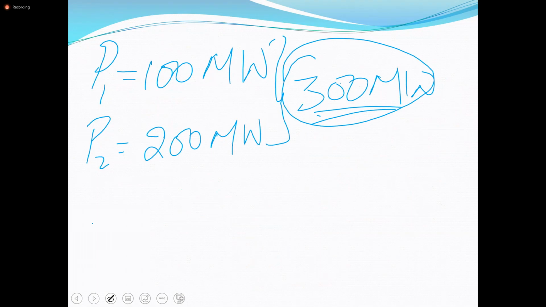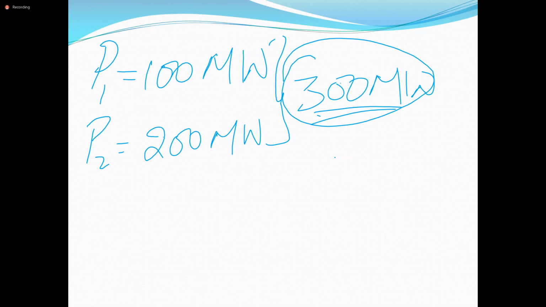Which of the two units is producing additional power? From which unit are we taking the additional power? From the second one, unit 2. All right. So if I'm taking the additional power from unit 2, it means that unit 2 will dictate the plant lambda.